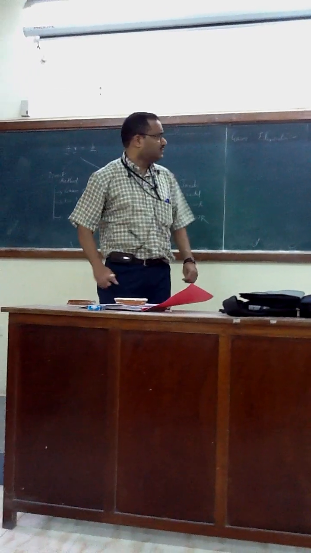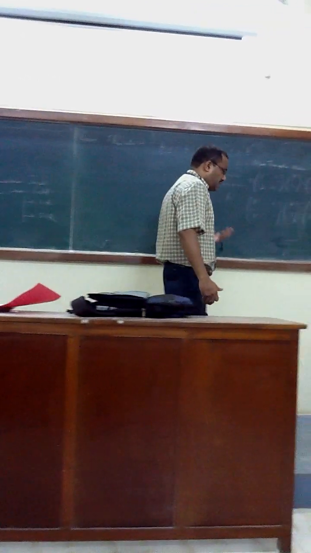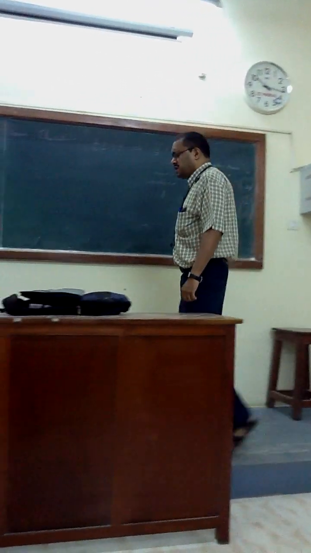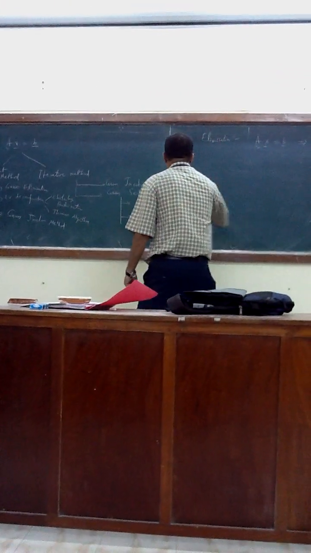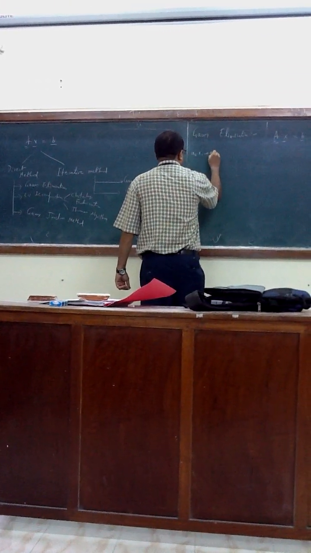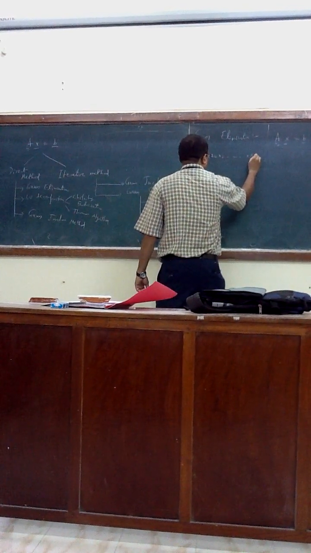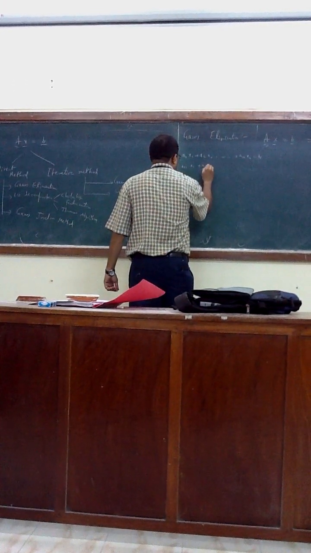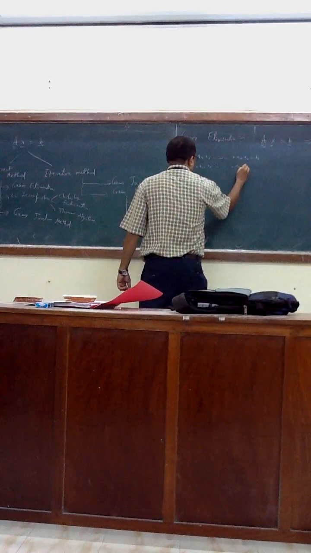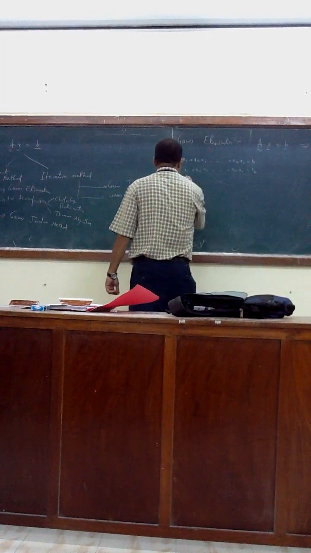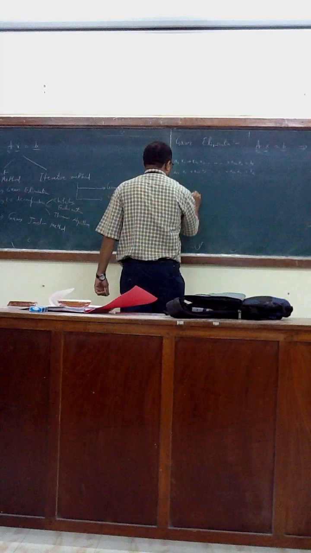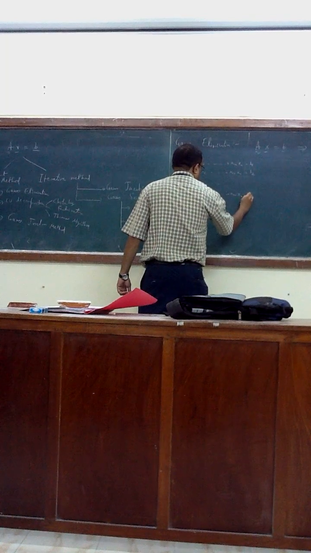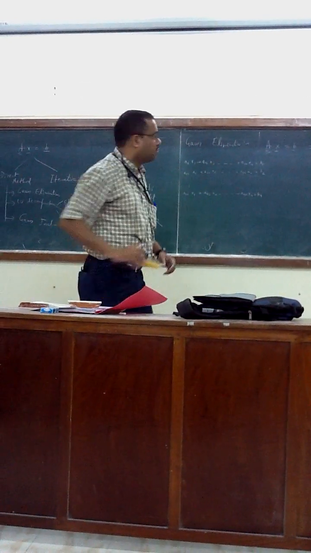Now this technique can be formalized, and easily visualized in terms of the n by n algebraic system. So we can write a11x1 plus a12x2 plus up to a1nxn equals b1, a21x1 plus a22x2 plus up to a2nxn equals b2, and an1x1 plus an2x2 plus up to annxn equals bn.